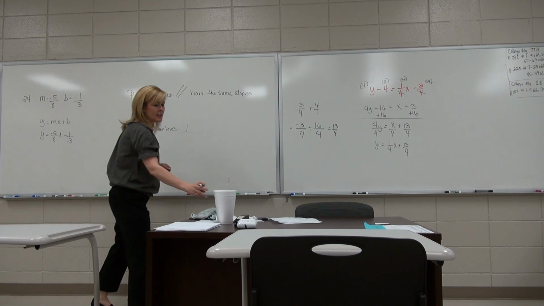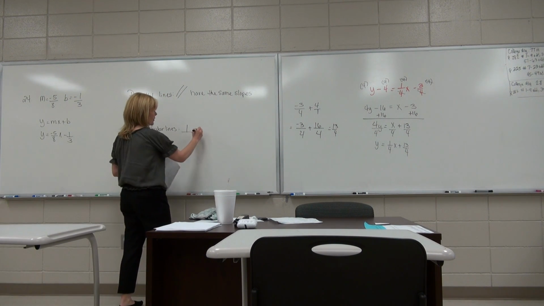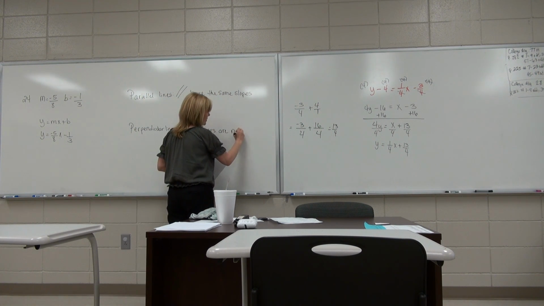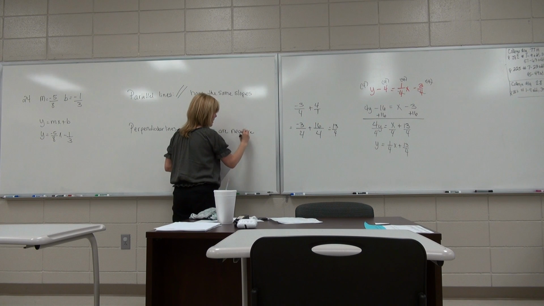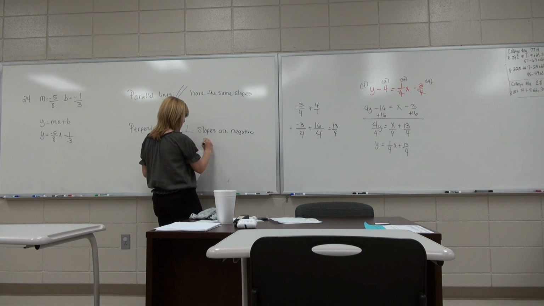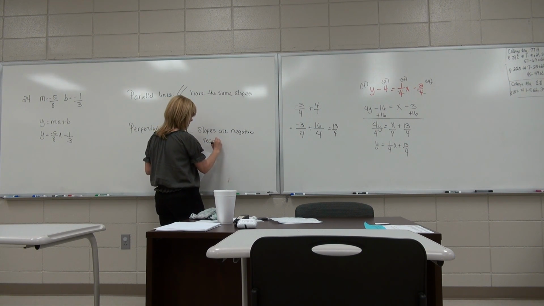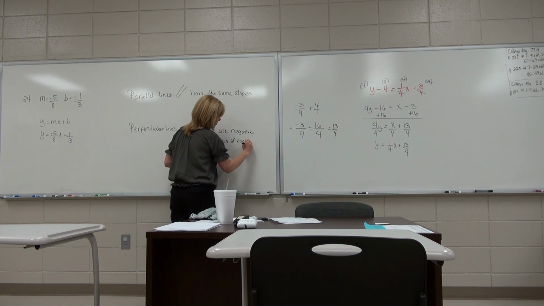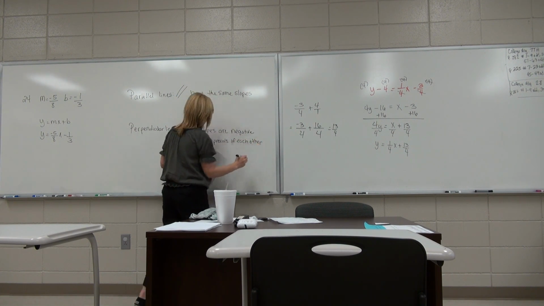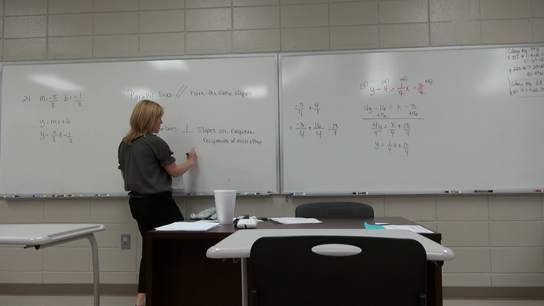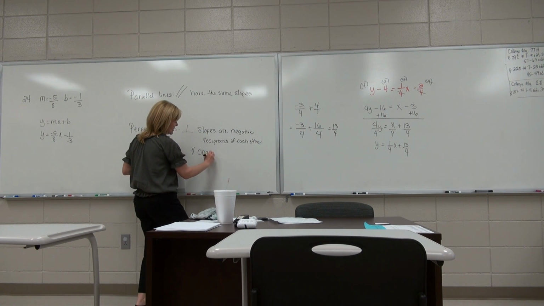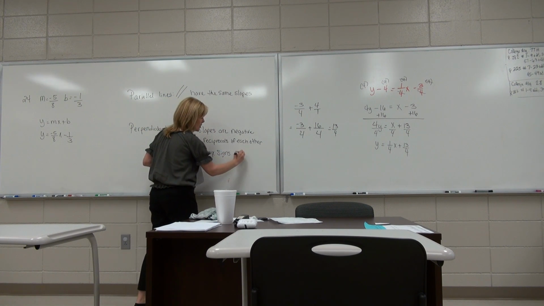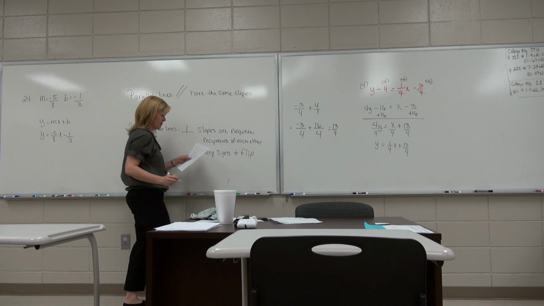And the reason it does is because their slopes are negative reciprocals of each other. Basically what this means, negative just means that you're going to change the sign. The signs will be different. Reciprocal means that you flip it.